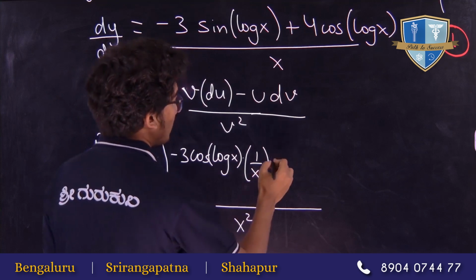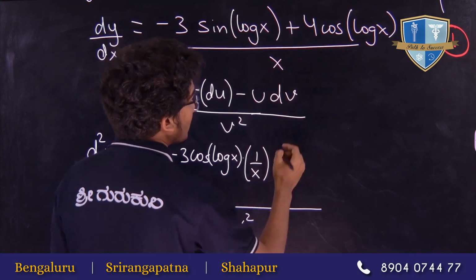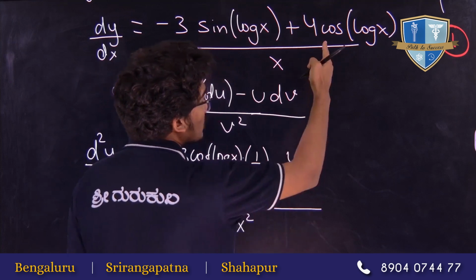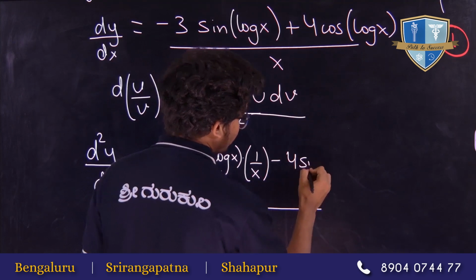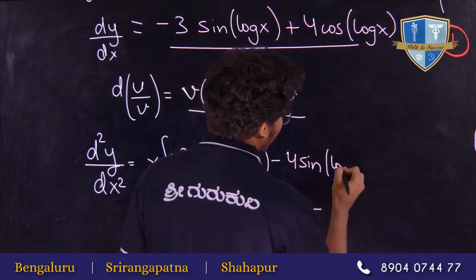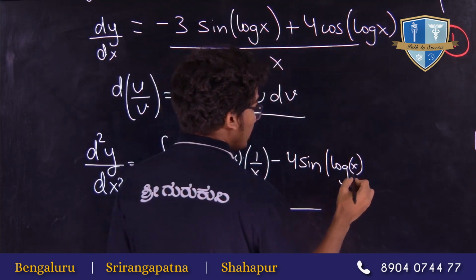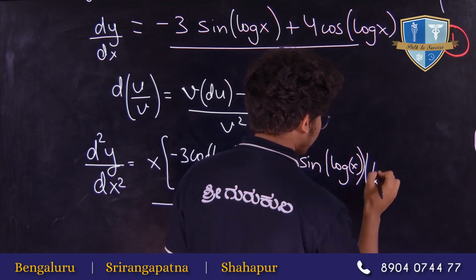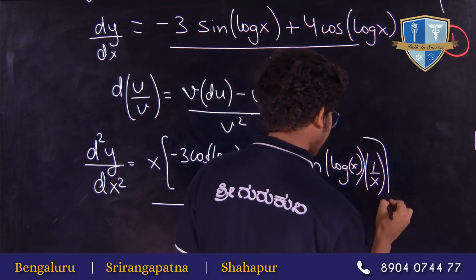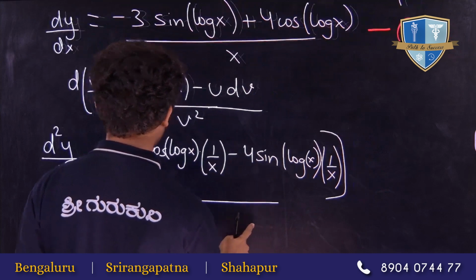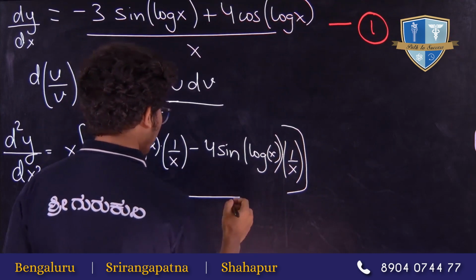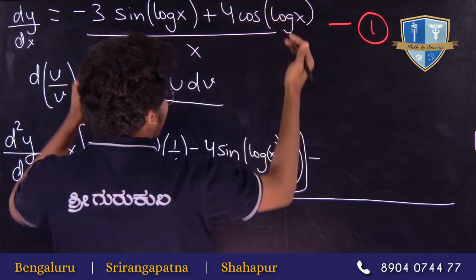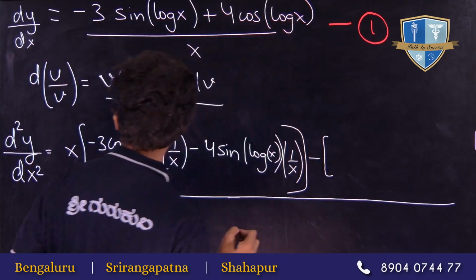Now plus 4 times cos of log x: 4 will remain as it is, and differentiation of cos will be minus sin of log x, and then differentiation of log x, correct? Now minus the other term, the numerator, as it is, multiplied with the differentiation of x.